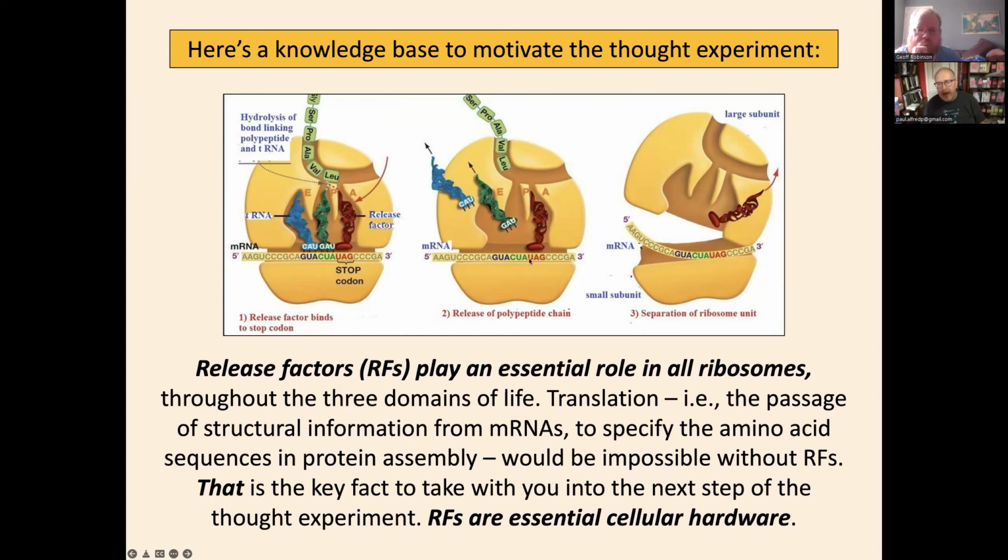What it's recognizing is when the stop codon in the instruction set is arrived at, the release factor says, okay, I'm on deck, I'm on stage. So for our audience, the language is how to translate that UAG, or the CUA or something.